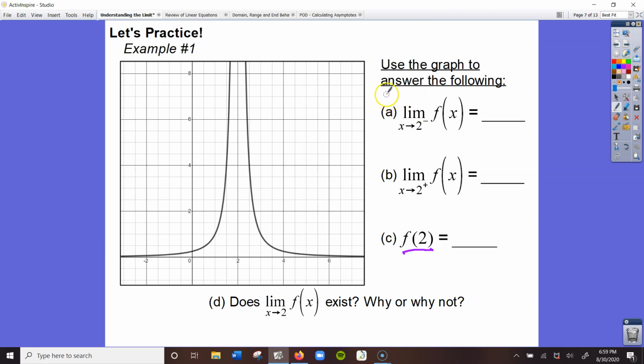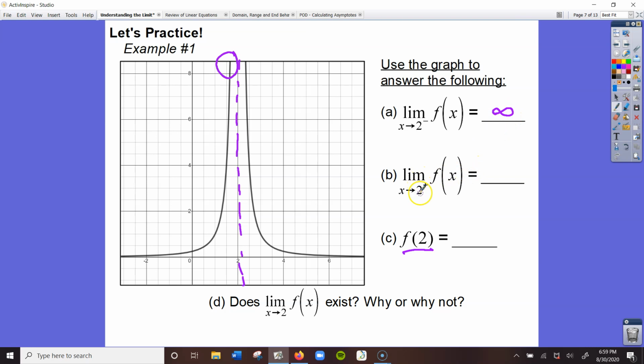So for this particular graph, I noticed that at x is equal to 2, I actually have a vertical asymptote. The limit as x is approaching 2 from the left of f of x, which is right here, it's going up forever. Therefore, it is positive infinity.